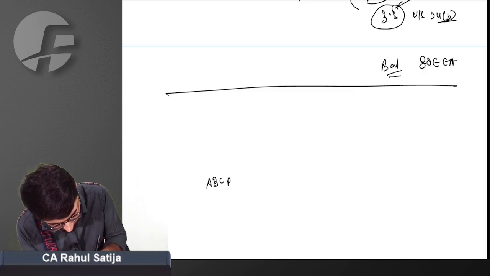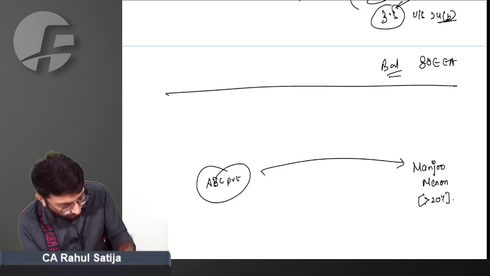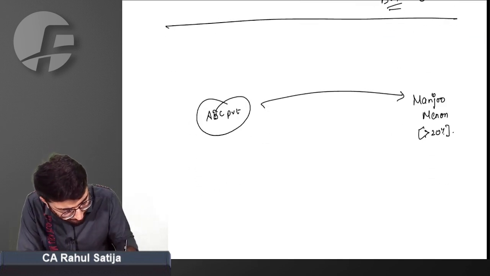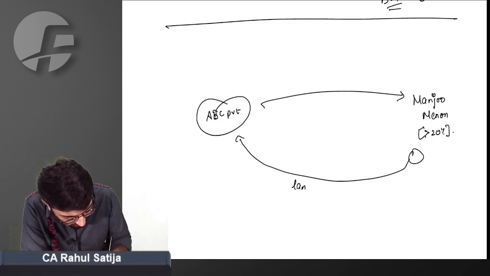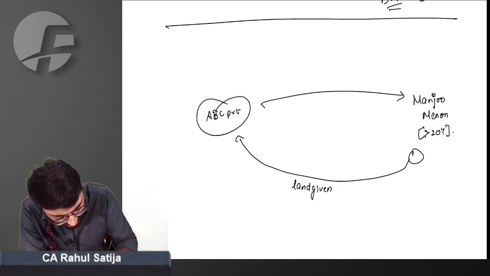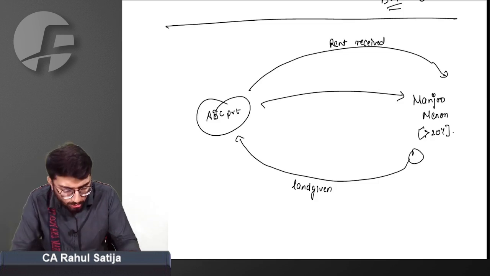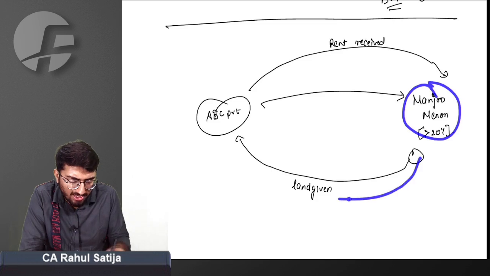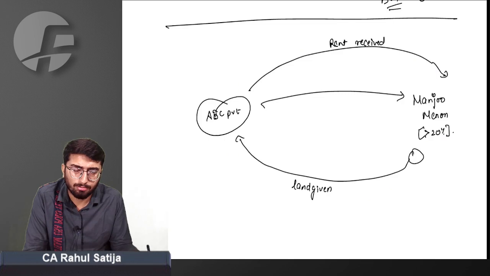ABC Private Limited. There is a shareholder named Manju Menon, holding greater than 20% shareholding. Manju Menon has a land that he has given to ABC Private Limited, and against that land, he is receiving rent.